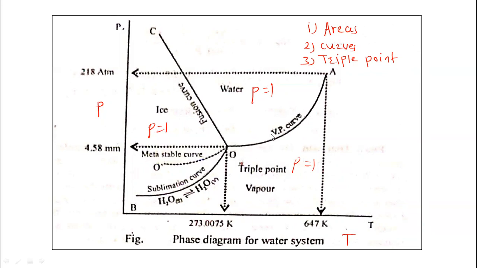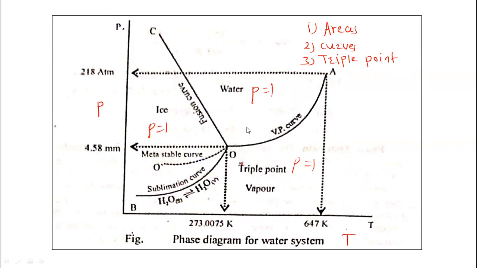The curve OA is called the vapor pressure curve. Why is it called a vapor pressure curve? Because the liquid water is in equilibrium with the vapor water along this curve OA. Both phases are existing along this boundary line: liquid water is there and vapor water is also there.